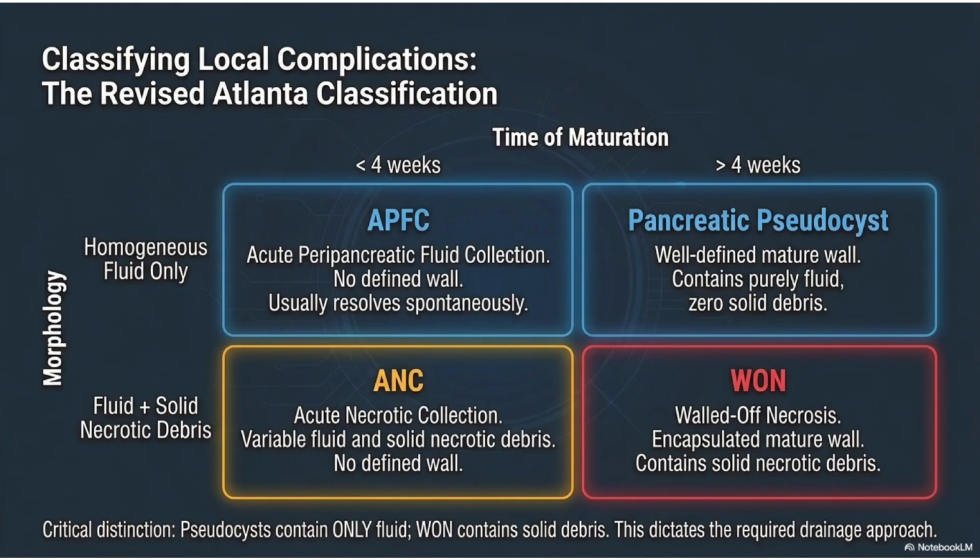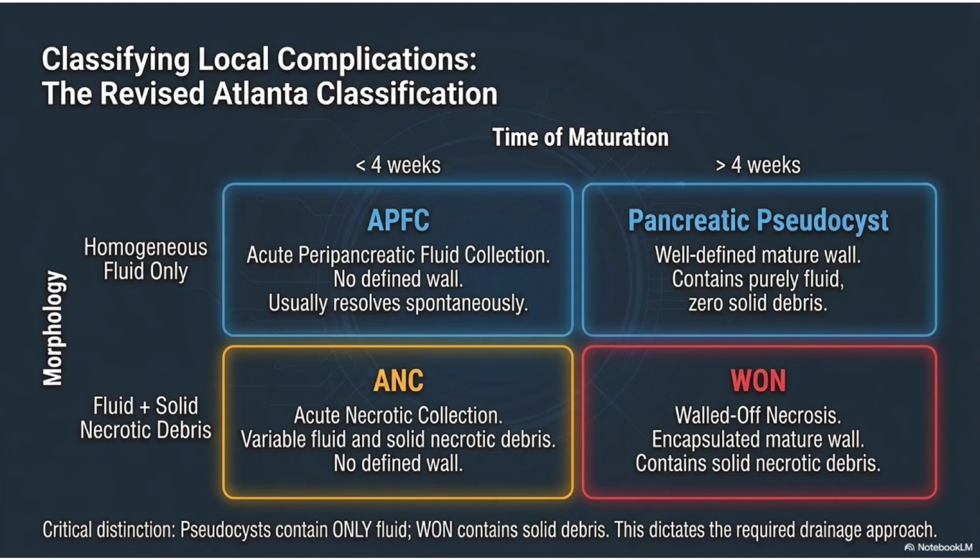Pancreatic pseudocyst is far apart, more than 4 weeks, and something called WON, walled-off necrosis, is also a later presentation. The earlier ones, the acute pancreatic fluid collection with no defined wall, usually resolve spontaneously. You just see some fluid collection around the pancreas. You don't see any definitive walling or abscess. It usually goes away on its own.